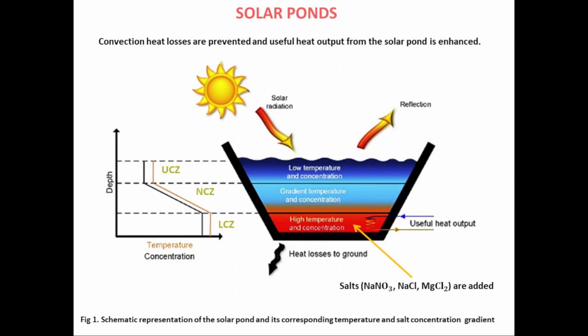One of the major reasons is that when the solar radiation falls onto a normal pond, the sunbeam radiation that goes deep inside, to the bottom of the pond, heats up that region, and that region gets heated more because it continuously receives the solar radiation.